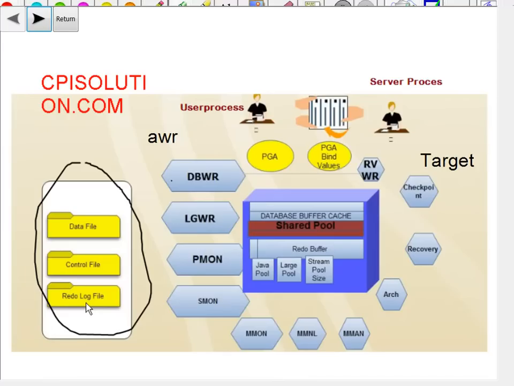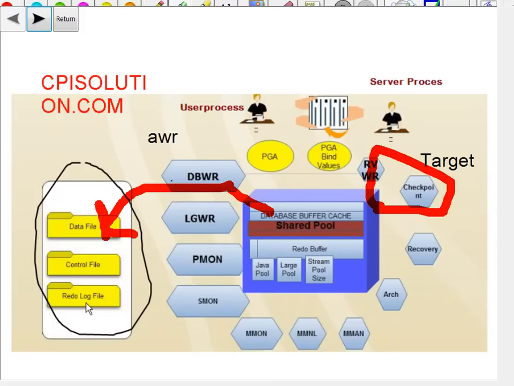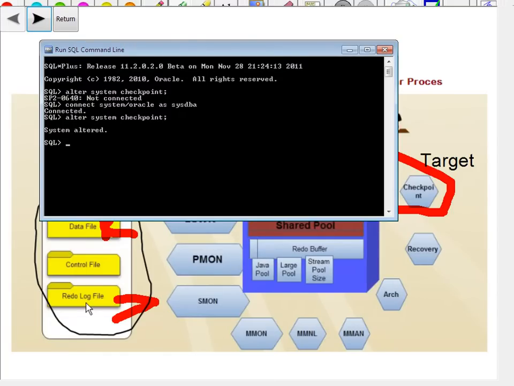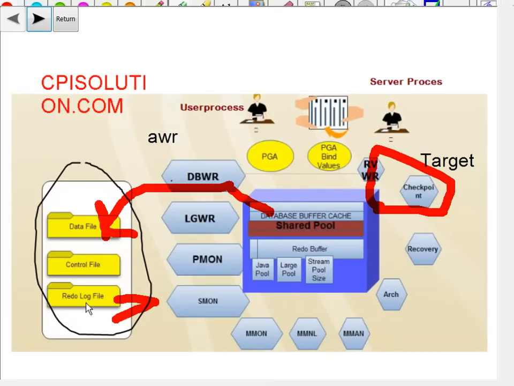Now, let's understand what DBWR process does. DBWR takes the data from the buffer cache and puts it to the data file. And when does it do that? It does it when checkpoint occurs. And when does a checkpoint occur? A checkpoint occurs whenever there is a redo log file switch, or whenever you give commands like alter system checkpoint, then a checkpoint occurs.